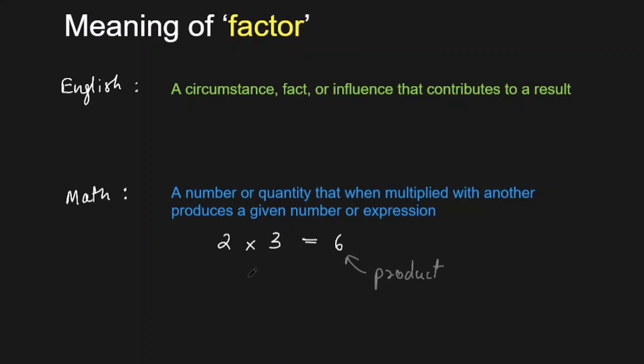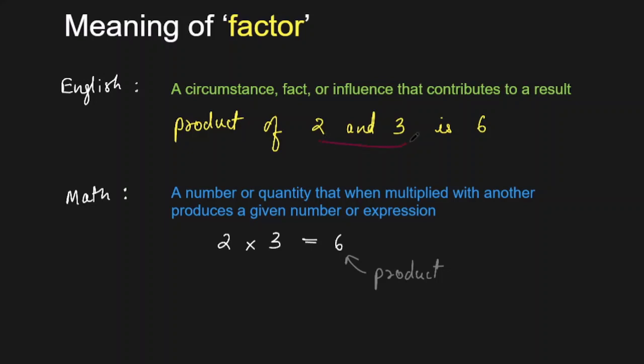And if we want to convert this statement to match with the first definition, we can say that the product of 2 and 3 is 6. In this statement, you can clearly see the first statement sounds more like English, and the second one, 2 times 3 equals 6, is more like math.